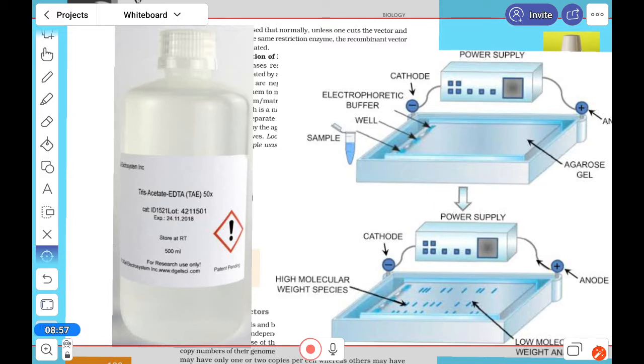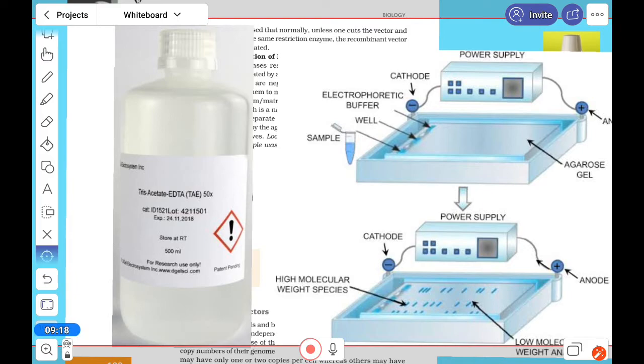Okay, and also we are using, as you can see in your book, ethidium bromide. Ethidium bromide is a stain; the stained gel is exposed to UV light. It illuminates, and very easily we can understand.